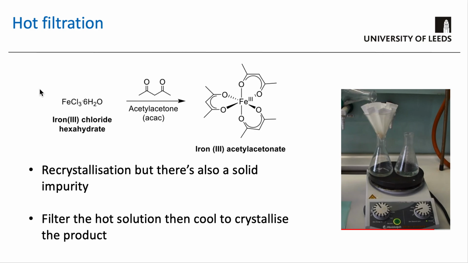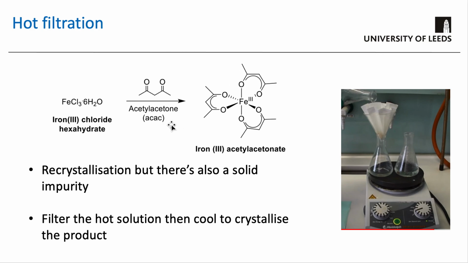And you're performing a hot filtration in the final step for the red iron compound at the end. So a hot filtration works pretty much like a recrystallization. You dissolve up the compound and most of the impurities. Methanol will be your solvent for this hot filtration, but there are also some insoluble impurities.